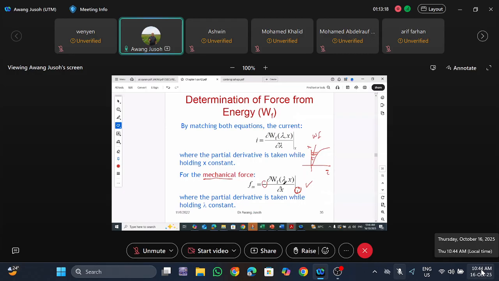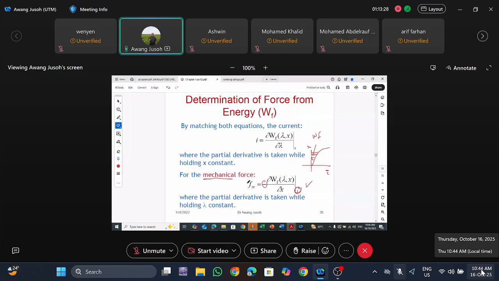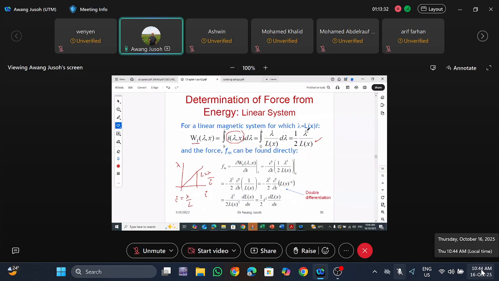In order to find the force produced, use the formula just now. First find the energy. The energy is already found for the linear system. Then the next step, you need to differentiate the equation for energy using this formula: F equals the partial derivative of energy with respect to x, lambda constant.